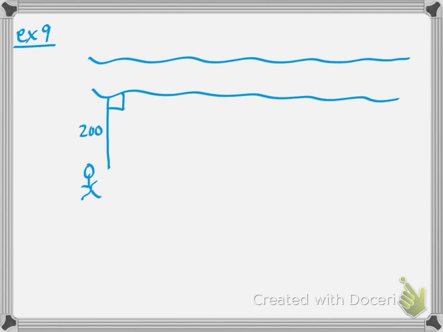Rather than walking directly to the river, so rather than walking this way, you walk 400 yards along a straight path to the river's edge. So you're going to walk on a straight path from here to the edge of the river. You're walking here. So it didn't want you to just walk straight there, but it wanted you to turn and walk 400 yards that way.